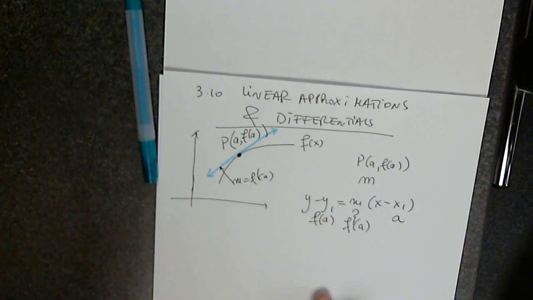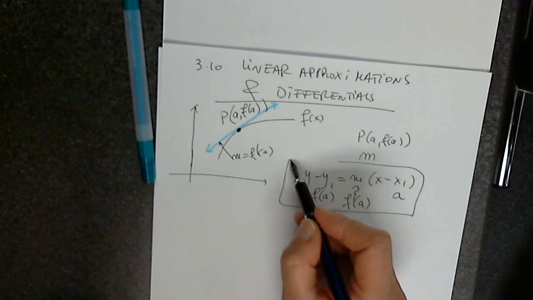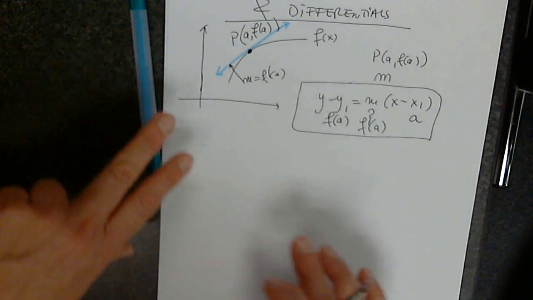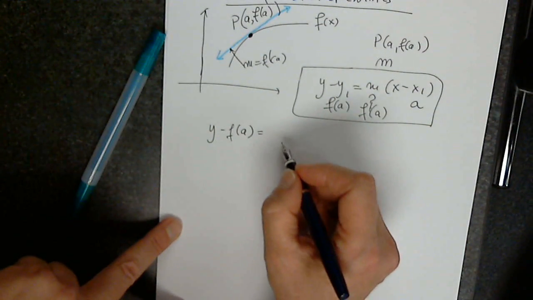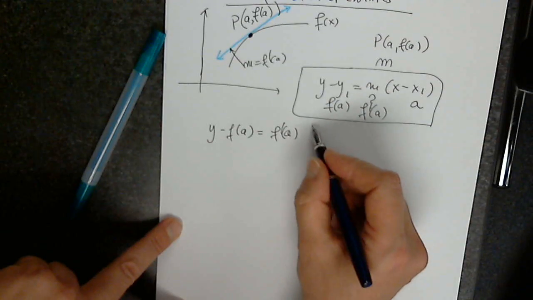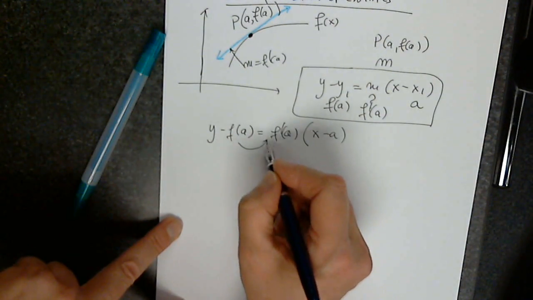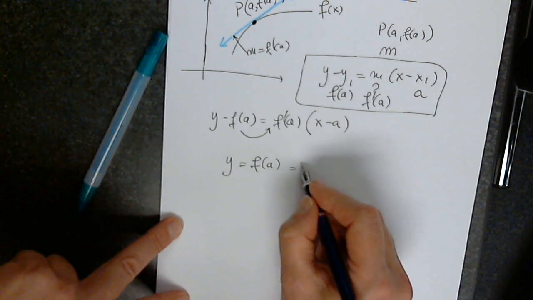So therefore, this equation becomes, can anyone dictate? And I'll write it. y minus f of a equals f prime of a times x minus a. Excellent. Allow me to move this here like we always do. We solve for y.